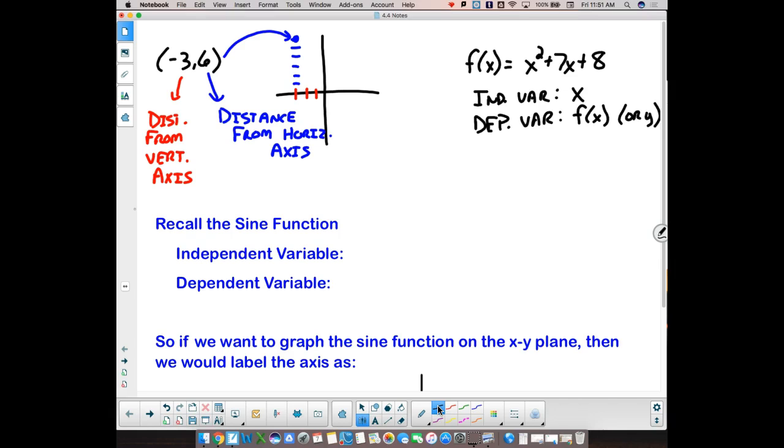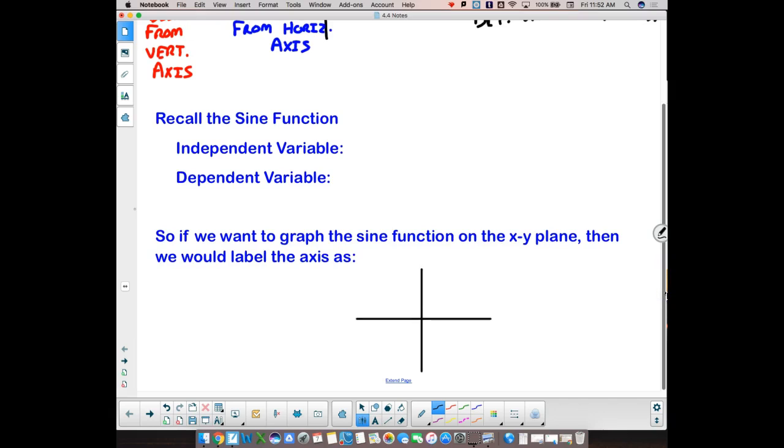Love it. Now, let's go to trig. Sine function in particular. What is my independent variable? What do I put into a sine function? Let's say I put in an angle. In a sine function or in a trig function, I put in an angle.